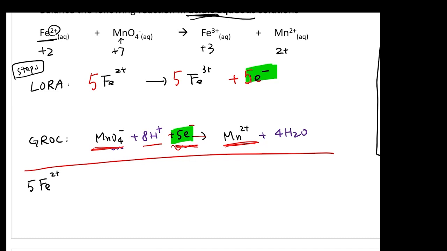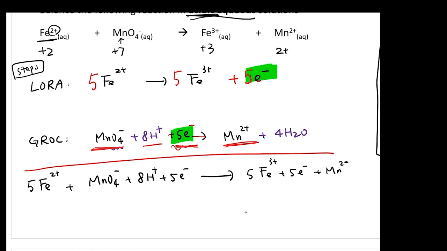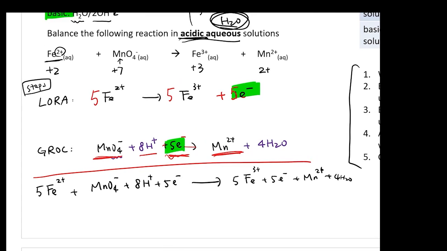Once you add up, you are going to get 5Fe2+ plus MnO4- plus 8H+ plus 5 electrons. That's going to give you 5Fe3+ plus 5 electrons plus Mn2+ plus 4H2O. And then you will see that the 5 electrons are going to cancel out.